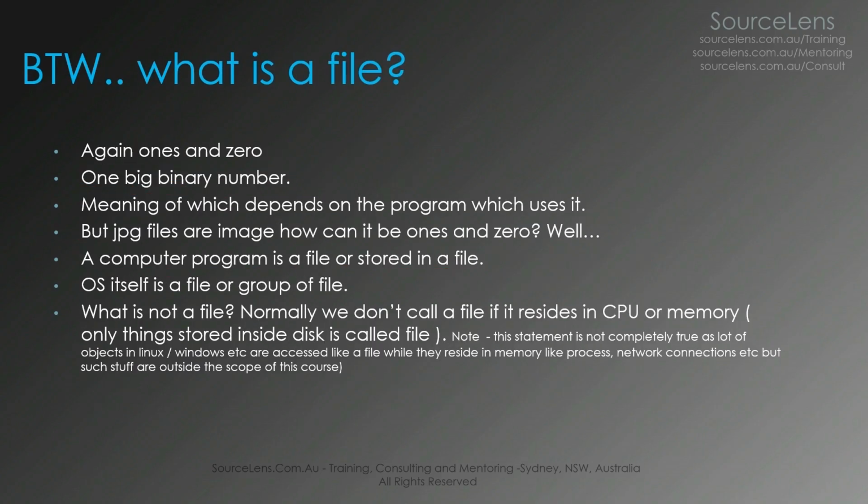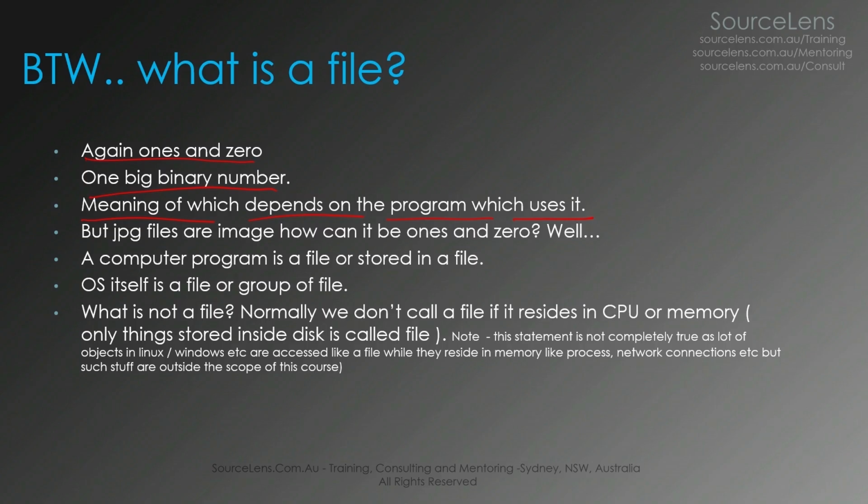We mentioned a lot about files in the previous couple of slides, but we didn't really explain what a file is. A file is a representation of data inside the secondary storage, the HDD. At the end of the day, it's just binary, ones and zeros, one big binary number. And the meaning of that number depends on the program which uses it.